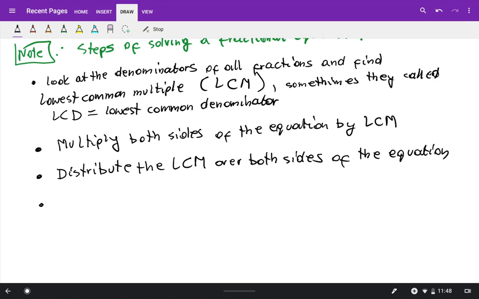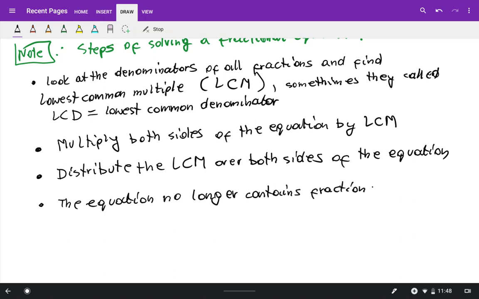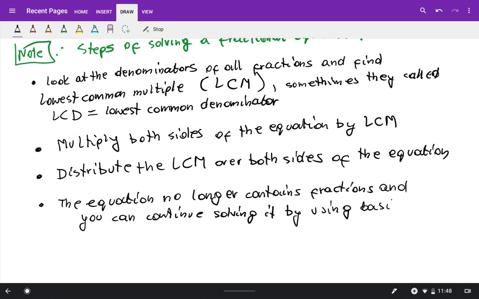If you did this correctly, your equation no longer has fractions, and you can continue solving by using basic procedures for solving equations.